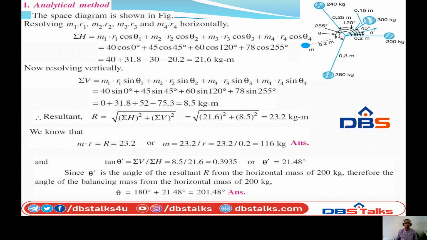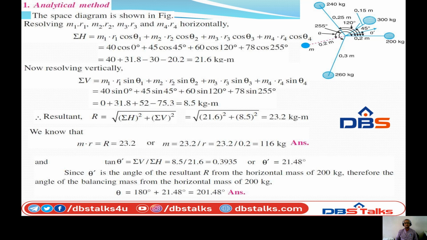Here the reference is mass 1, so the angle theta 1 is 0. Then what about theta 2? It is positioned at about 45 degrees. If you see the diagram clearly, we have positioned all the angle values with respect to the reference only.